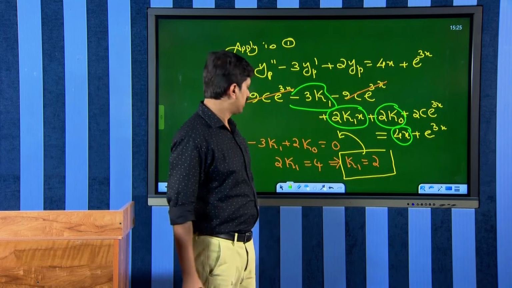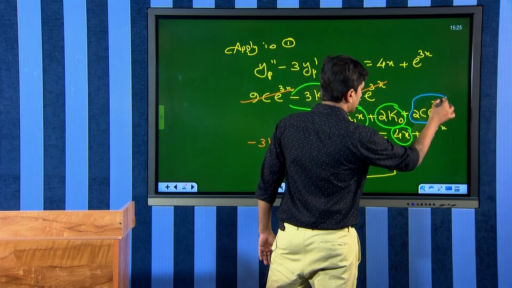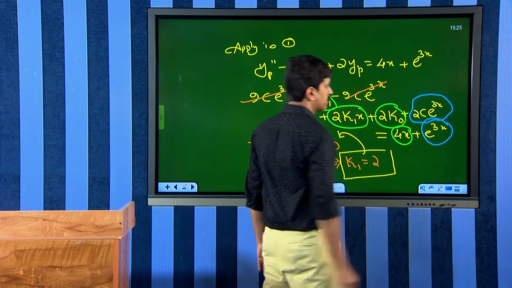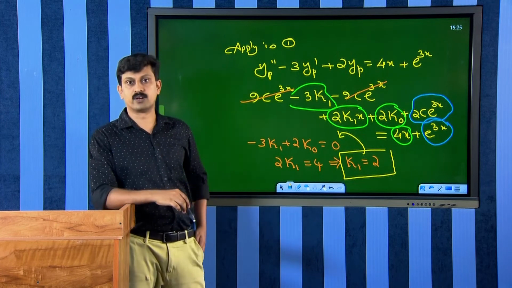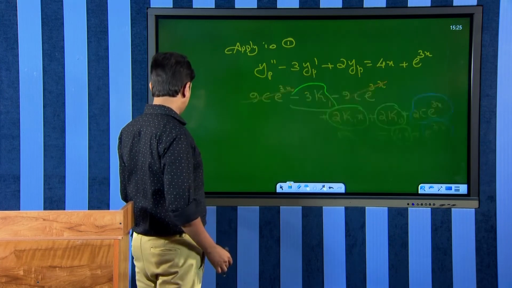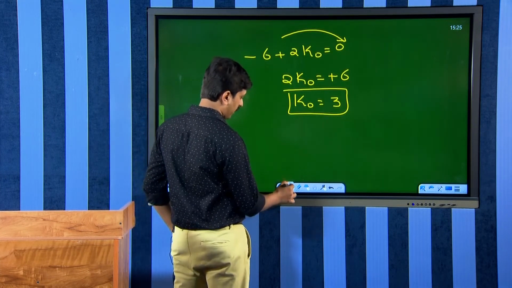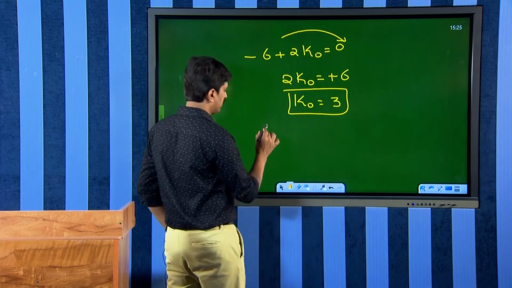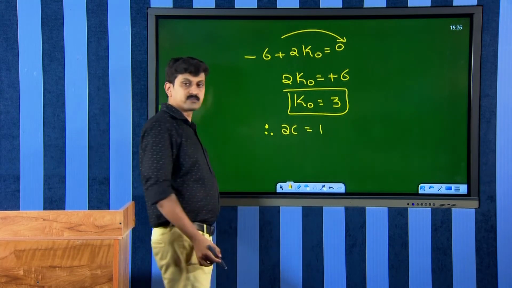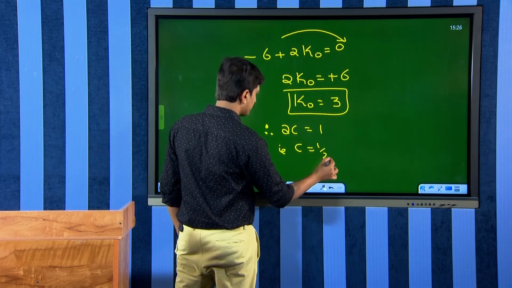It remains only 2c e raised to 3x is equal to e raised to 3x. So 2c is equal to 1, that is c is equal to 1 by 2.